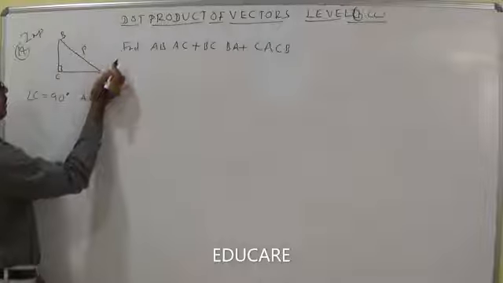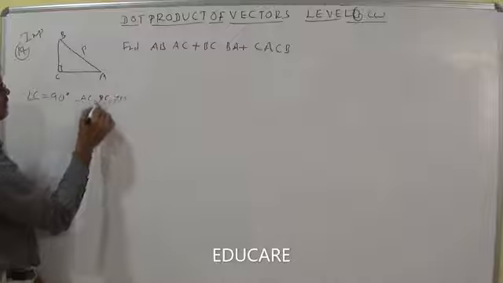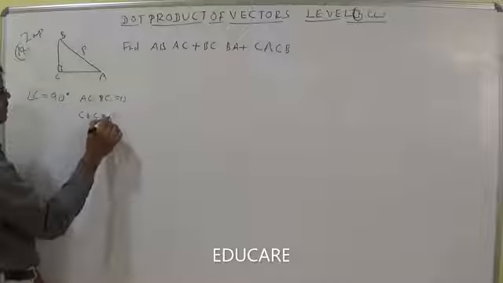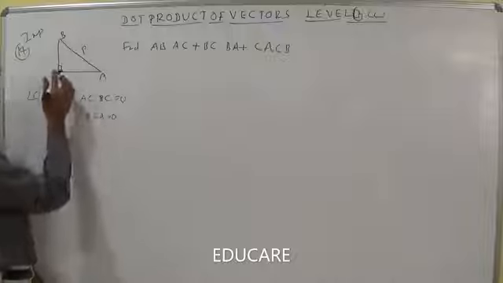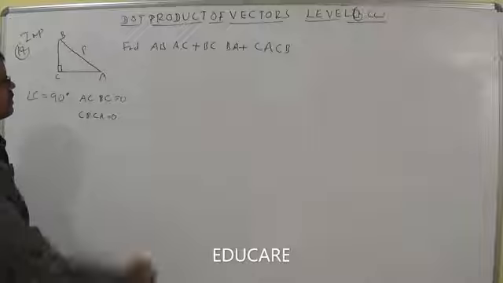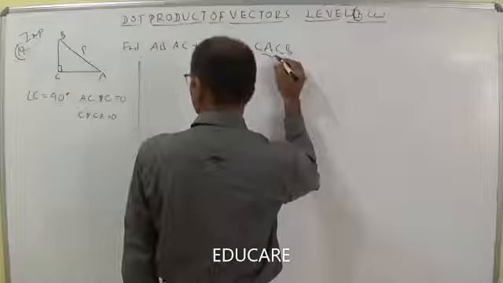So here you can write AC dot BC equal to 0, or CB dot CA equal to 0. I said about the incoming vectors and outgoing vectors: CA and CB, AC and BC. Dot product is 0. So CA dot CB is 0, no need to calculate.